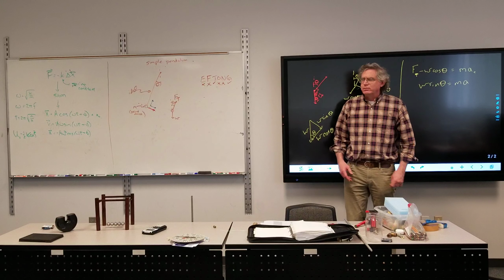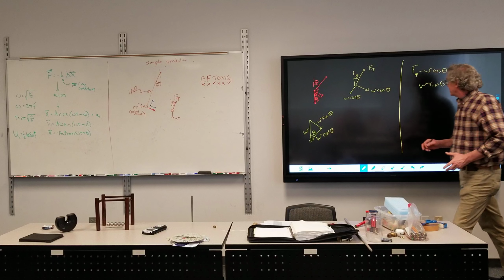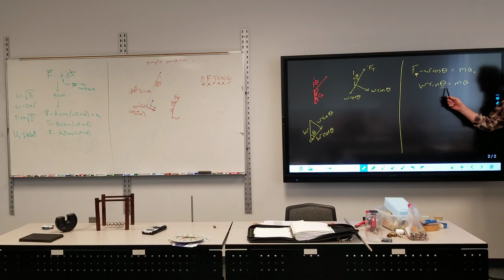All right, so one of the issues that we're facing here is the fact that I have an equation here with an angular component and a linear component. We need to somehow resolve that. We need to get them in terms of either both angular or both linear. I recommend both angular.